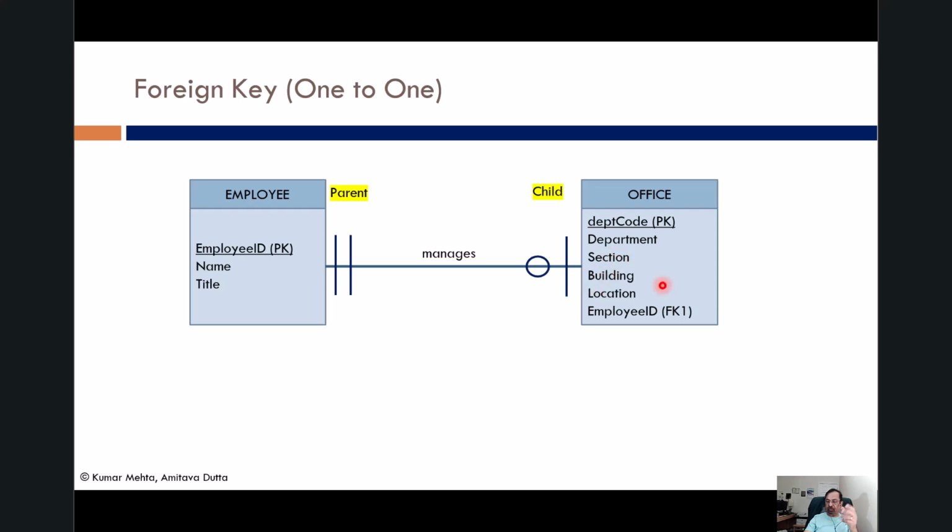Those are properties of office. And as with any entity, it must have a primary key as well. There must be an attribute that uniquely identifies that entity, and that happens to be the department code. So I can identify any one particular office if I know the department code. So I have the primary key of that entity.